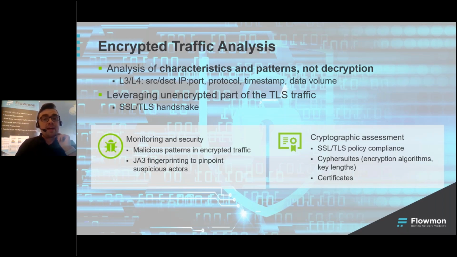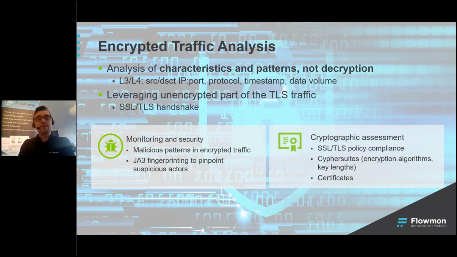SSL decryption is a man-in-the-middle concept, as it is done for the application servers. And the other part, which is new in Flowmon right now, is leveraging the unencrypted parts of the TLS traffic, which means using the TLS handshake protocol, which is not encrypted but stores a lot of useful information for use cases in the area of cryptographic assessments, watching for TLS policy compliance, cipher suites, key lengths, and certificate information.